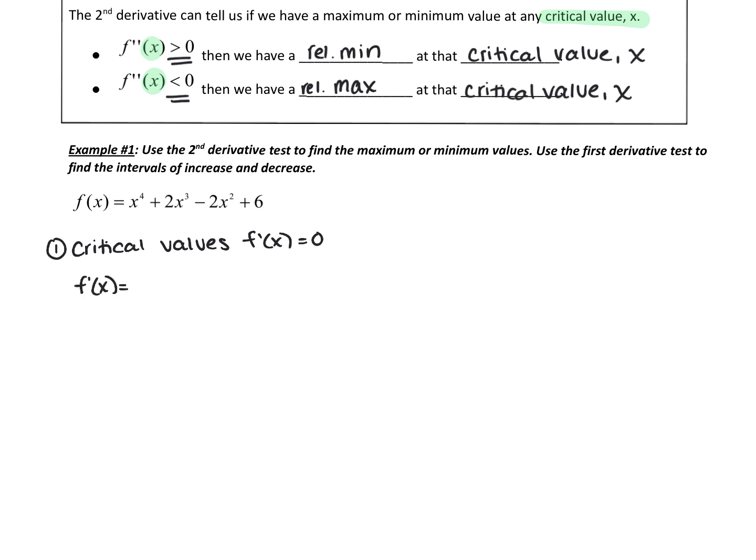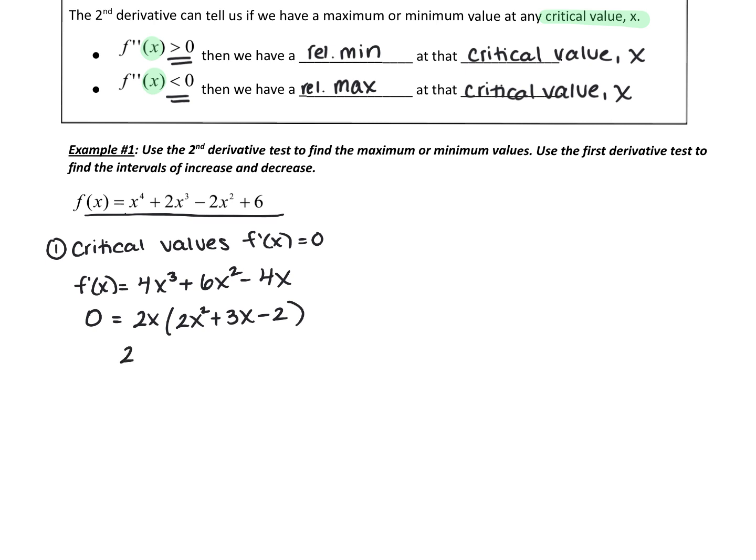Using the power rule, the derivative of this is 4x to the third plus 6x squared minus 4x, and I'm going to set that derivative equal to 0. I see that I could take out a GCF of 2 and an x, and I'm left with 2x times the quantity 2x squared plus 3x minus 2.